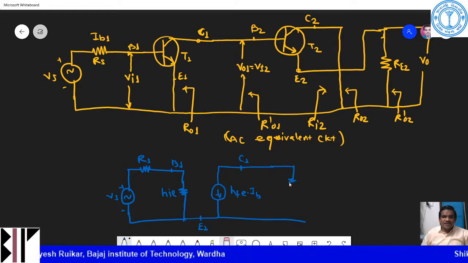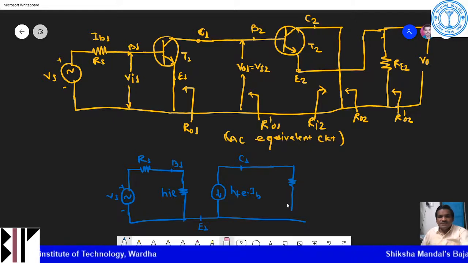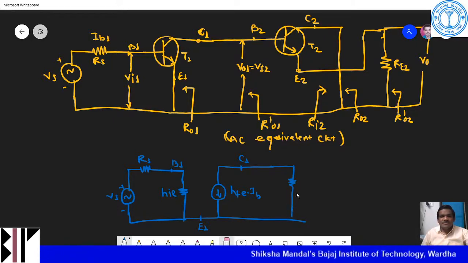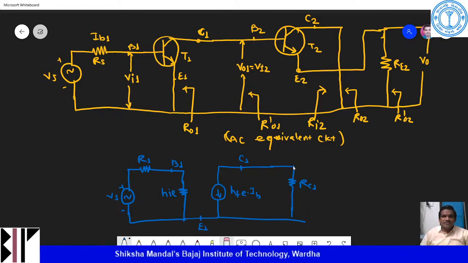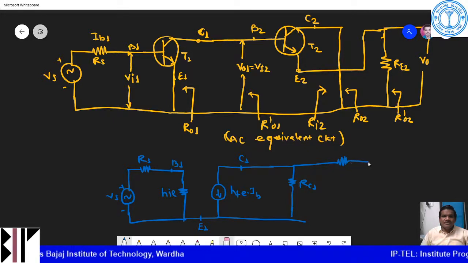Then you need to add RC1, and then the second transistor, that is my B2.